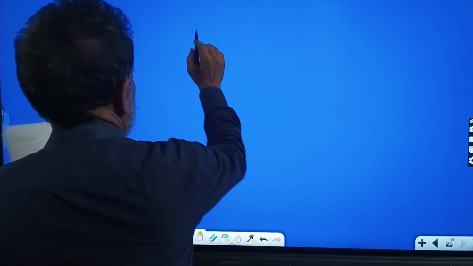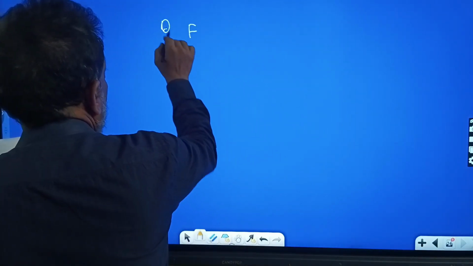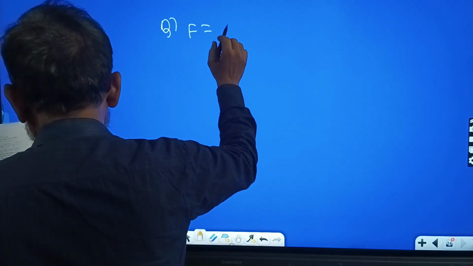Take this one. F is equal to, the values are given.